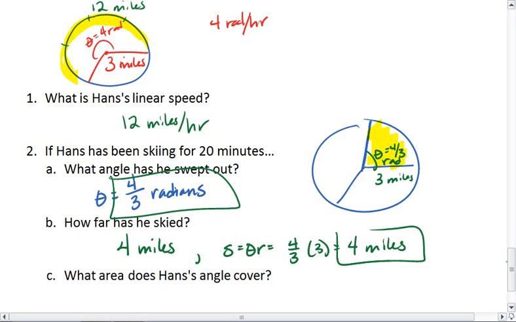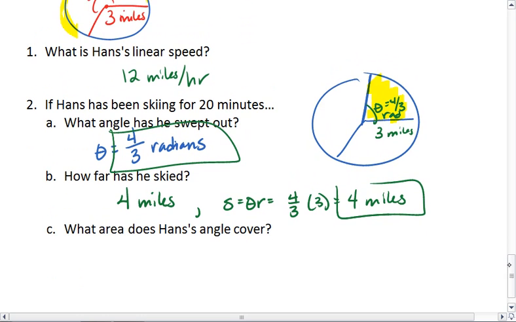Now we want to know, what area does Hans's angle cover? Well, if he's gone 4 thirds of a radian, we can take 4 thirds, divide by 2 pi, and that tells us that we are working with 0.212, or about 21.2% of a circle.